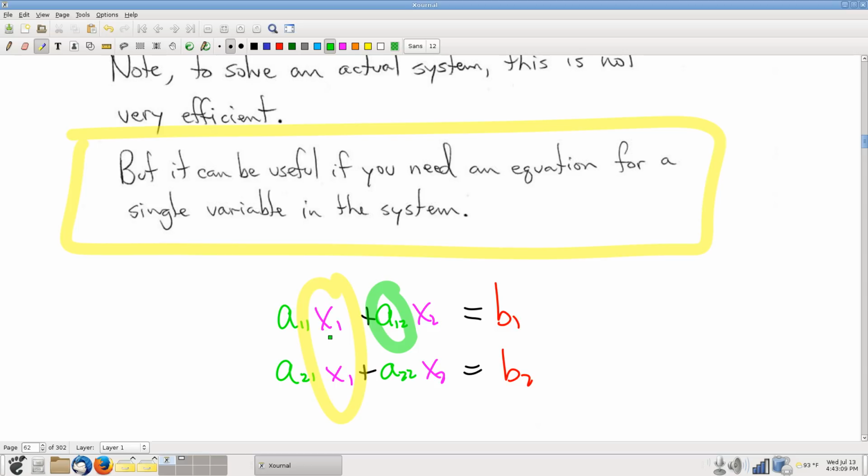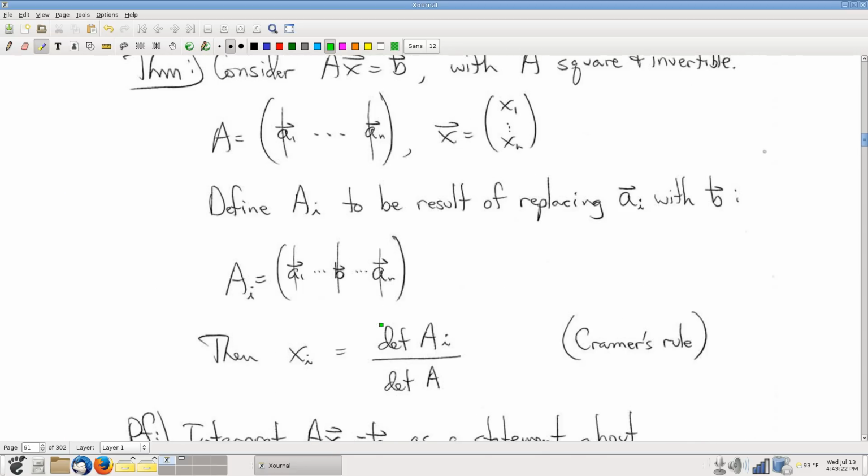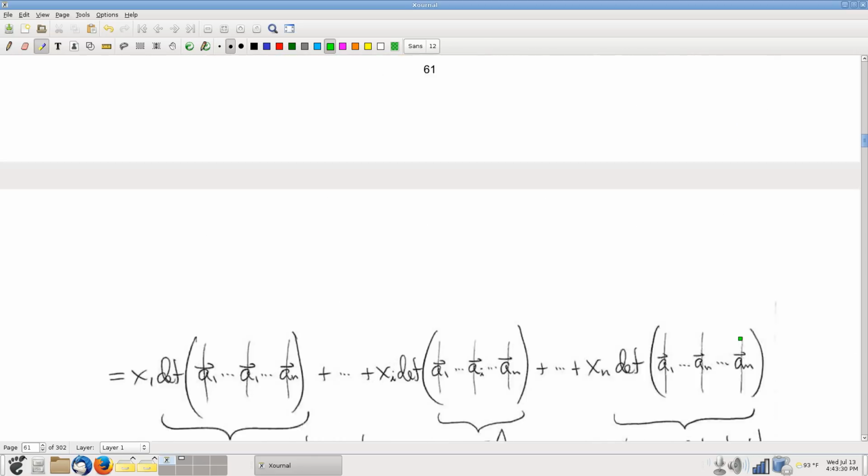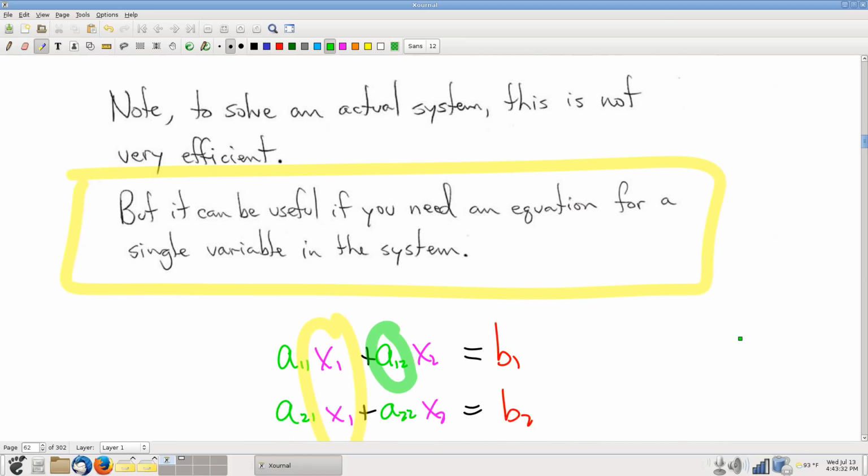How fast does x1 change as I change a12? Well, in order to answer that question, you need a formula for x1 as a function of a12, and this gives it to you. So in a situation like that, Cramer's rule can be extremely convenient, extremely useful.